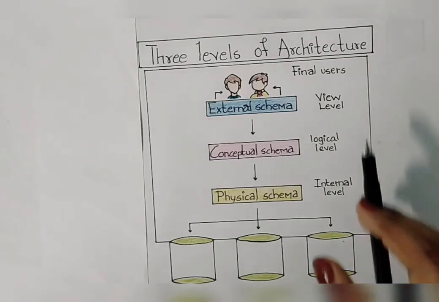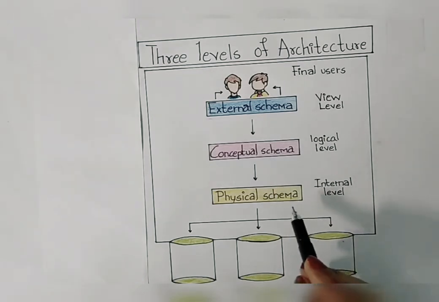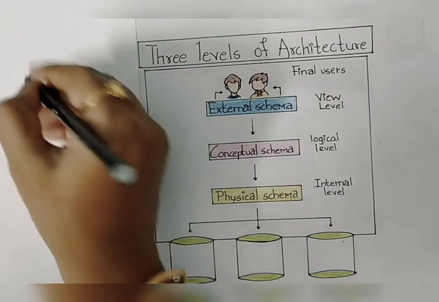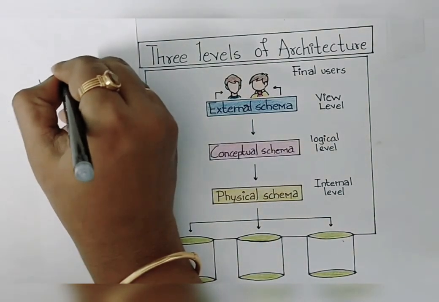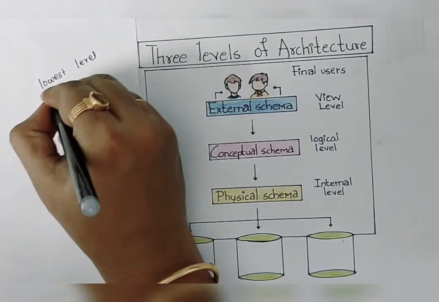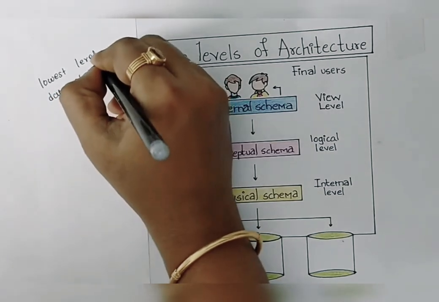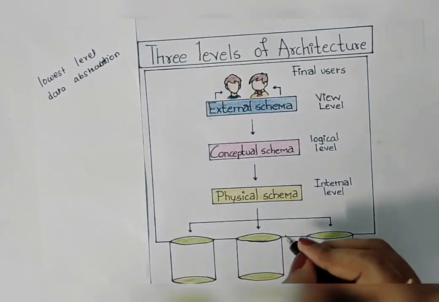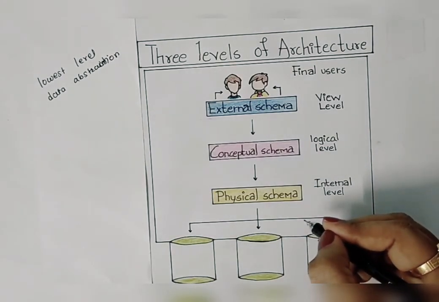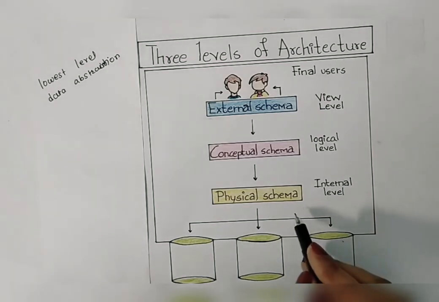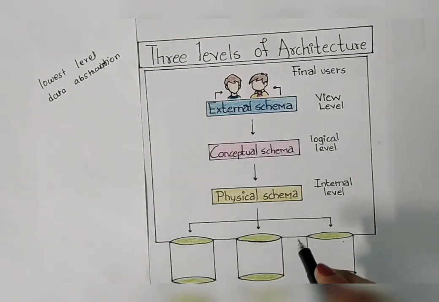The innermost level in this 3-tier architecture or 3-level architecture is the physical schema or internal level. This level provides the lowest level of data abstraction. Means details are not hidden in this level. This level describes how data is actually stored in the database and provides methods to access this database. Here in this level, data is actually stored.